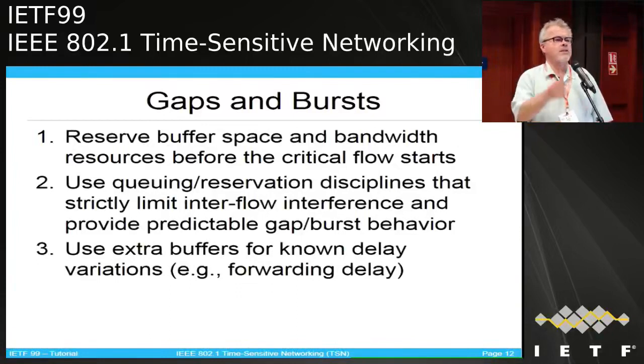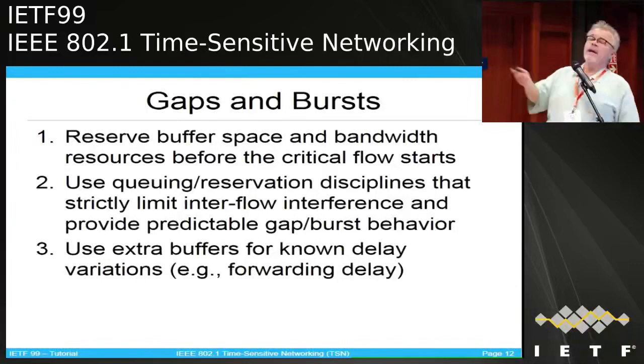That tells us how many packets we have to buffer in each node to ensure that we never miss an opportunity to transmit. So that when it's my flow's turn to transmit, I have to have a packet there. That means I have to have a buffer of a few packets.